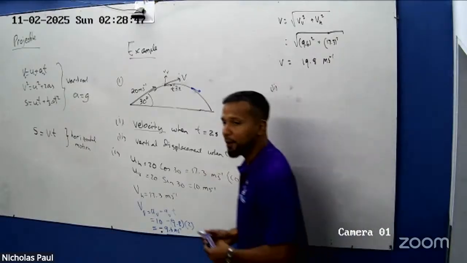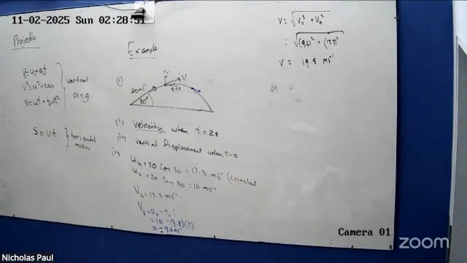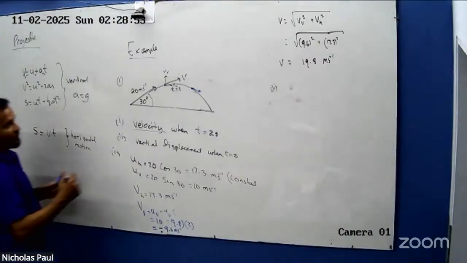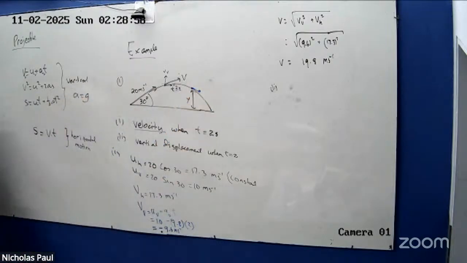Part 2, Emma. Copy down. Think about part 2. How am I getting the vertical displacement when t is 2? How am I getting that? Think about it.